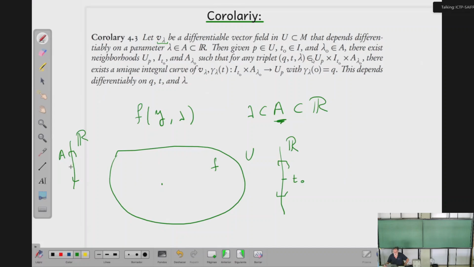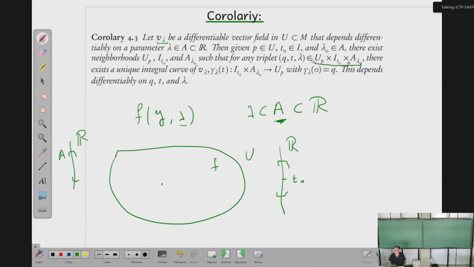So given any parameter lambda we put and any time, we have a solution that goes through this point. And what this corollary says is that if we think of the solution with respect to the initial data, the time, and the parameter, then the solution is C1 with respect to all this.